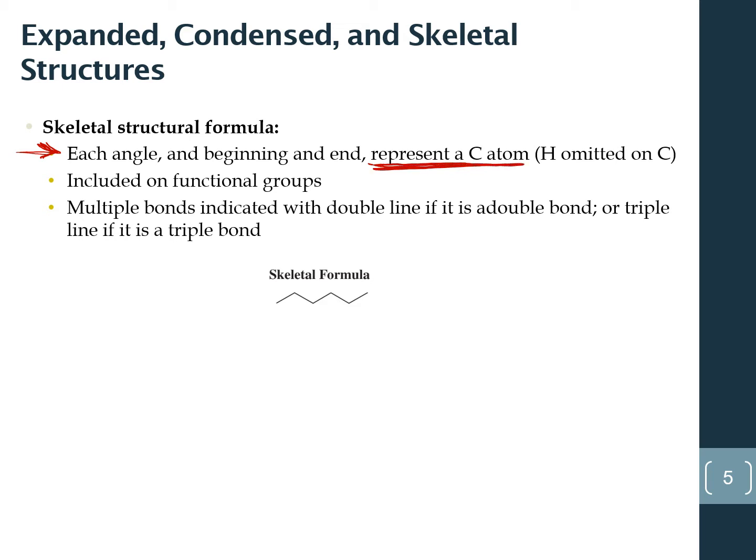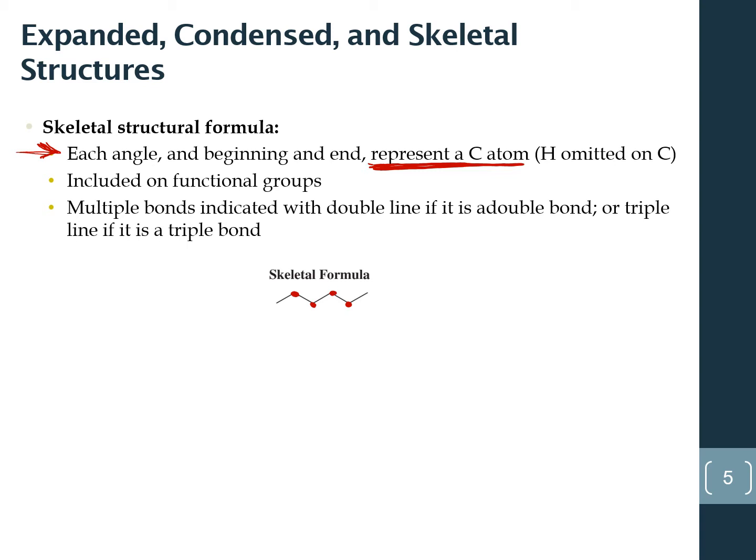So I'm going to put dots where you have a carbon. You see your formula. Each angle, this is an angle right there. This is an angle right here. This is another angle. And this one right here, it's another angle.